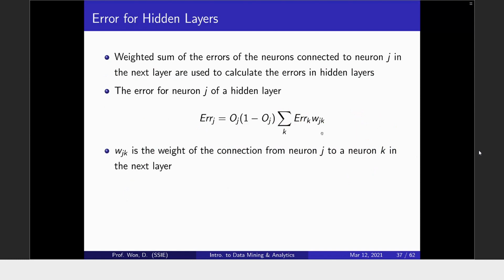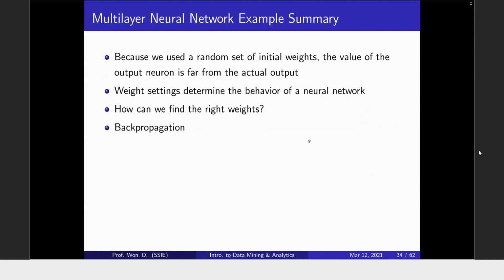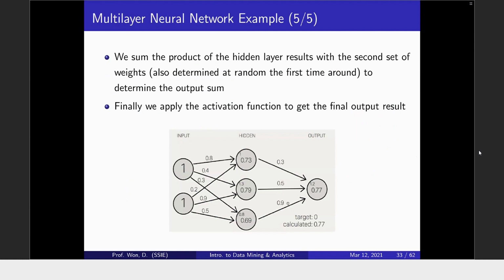For example, in here, now finally we calculate that. Then let's try to adjust the values 0.3, 0.5, 0.9, and slightly change the values. Then how can we change the value? Whether our derivative is going to decrease, right?